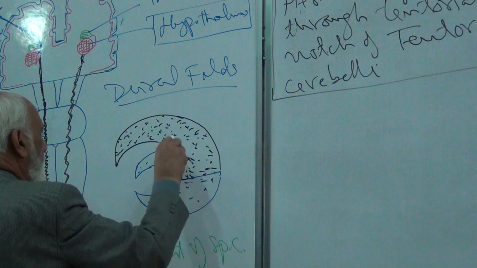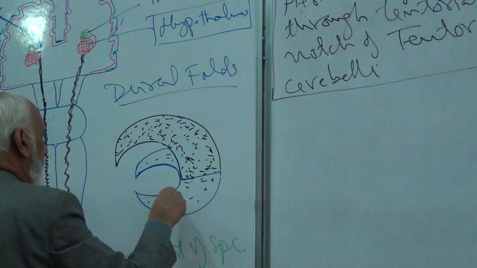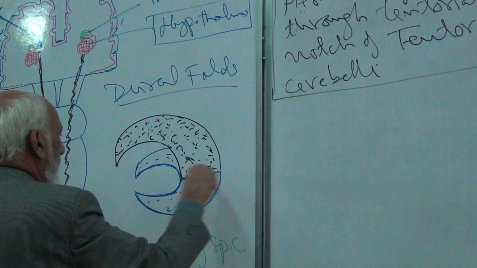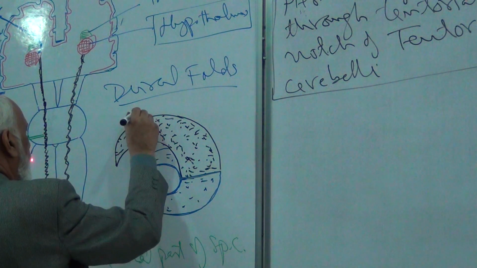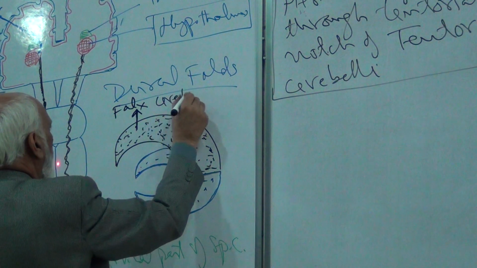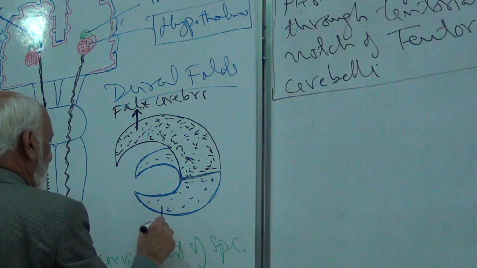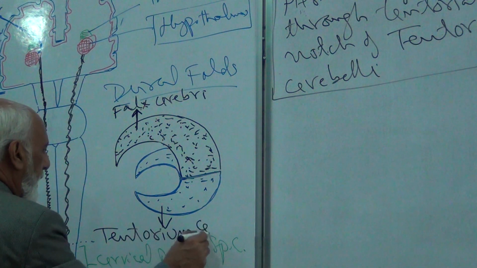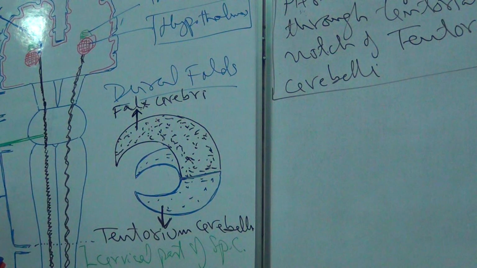When the two major dural folds are dissected out from the cranial cavity and explained in this diagram, this vertically running dural fold is the falx cerebri, and this one is the tentorium cerebelli, tent shaped and horizontally located.